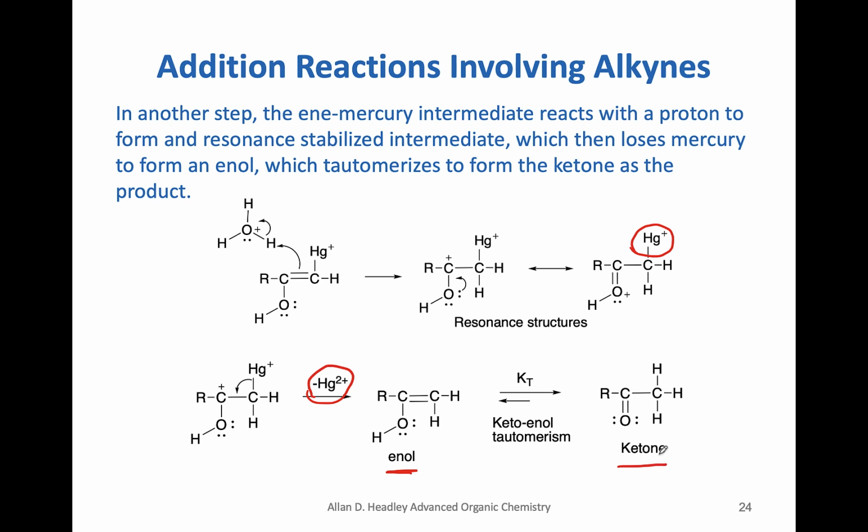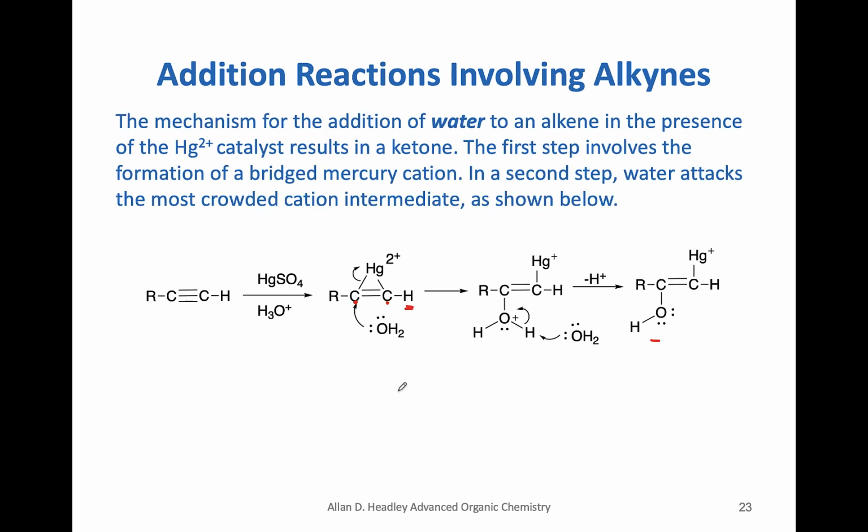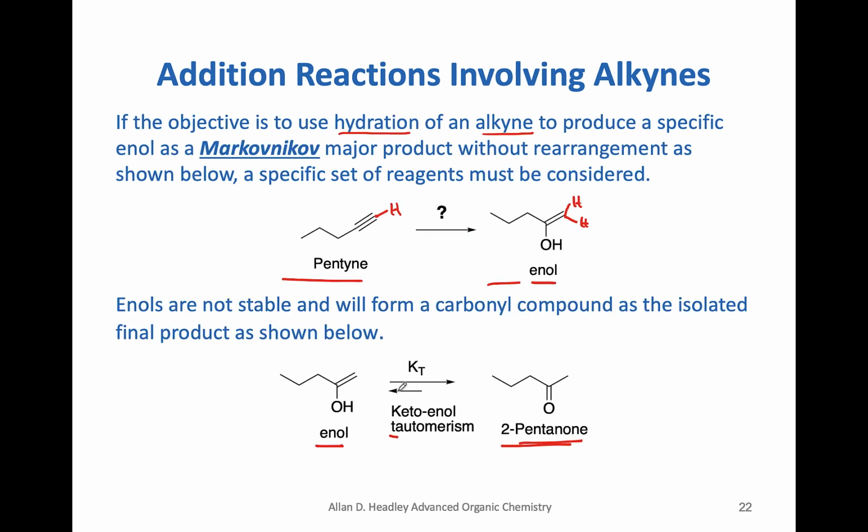So let's see. It's possible to go from here, let's go back here, this pentyne, adding OH to this carbon in a Markovnikov sense to give this enol, which gives the pentanone, or the ketone.